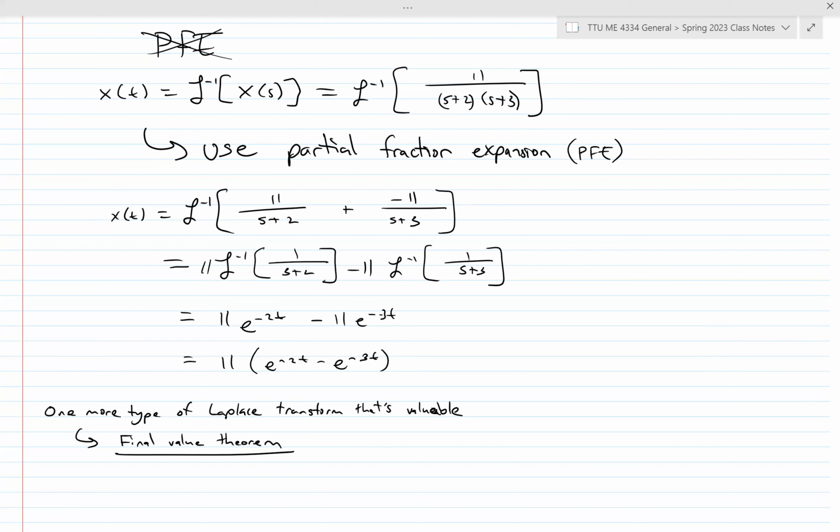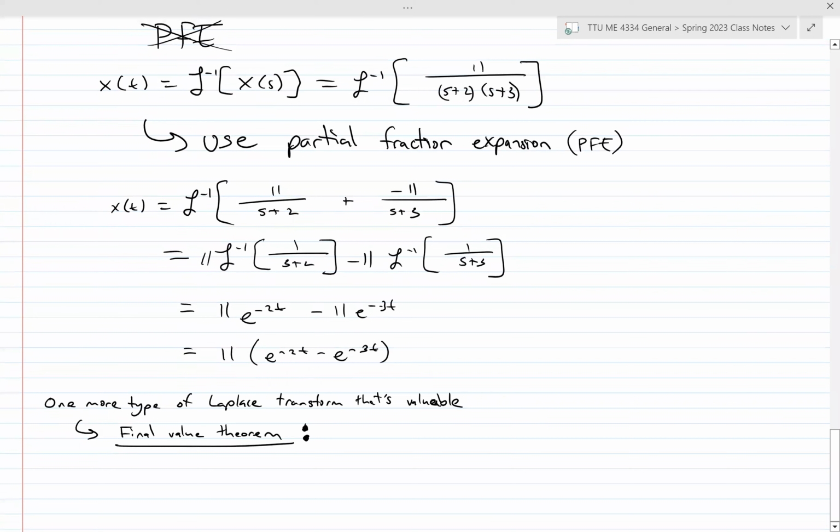Anybody remember what the final value theorem states? Let's say for a variable x that's a function of time. Nobody? All right, that's okay. This one's going to be important. So I recommend memorizing it at some point.